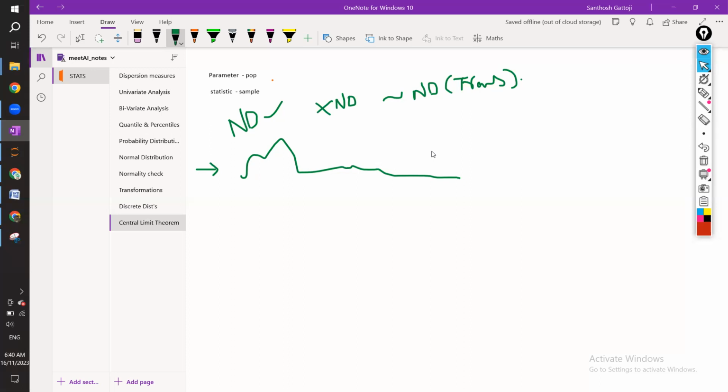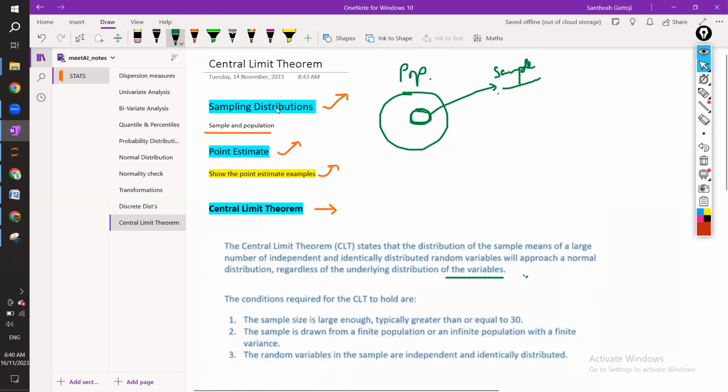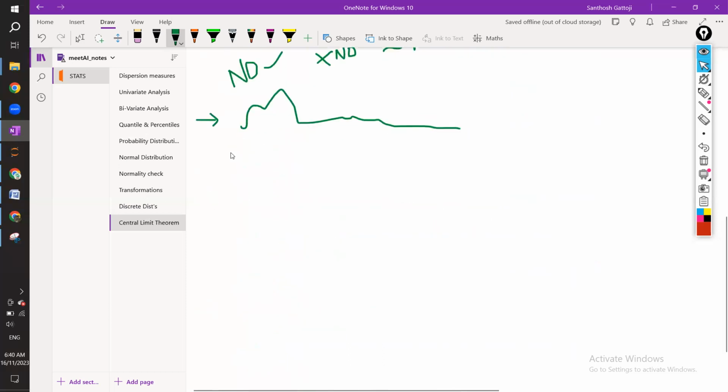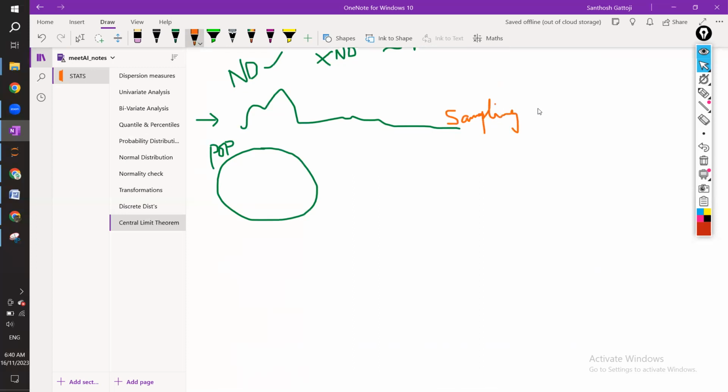the sampling distribution. Before that, we need to understand sampling distributions. I think we discussed it yesterday, but I will tell you. Let's say you have a population, the whole data. From this, there is something called a sampling distribution. Sampling distribution means creating a distribution by taking different samples.